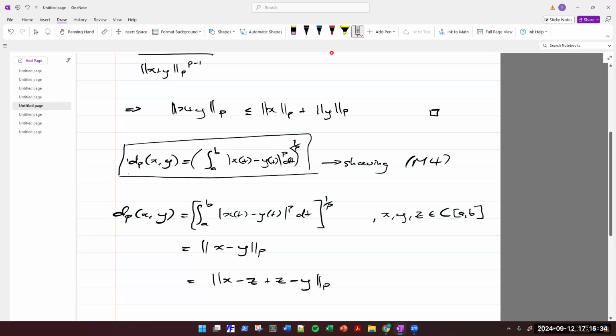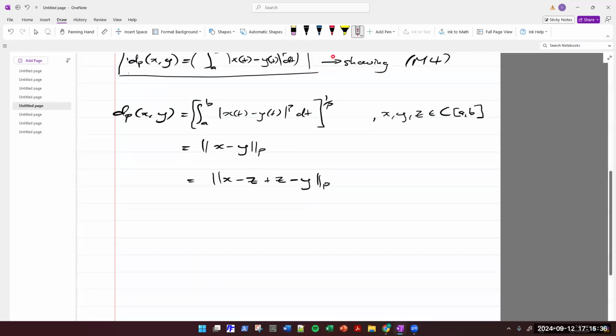If you pull out a minus sign, it doesn't matter. So apply Minkowski's inequality: norm of x minus z, p, plus we could write norm of z minus y, p, by Minkowski's inequality.